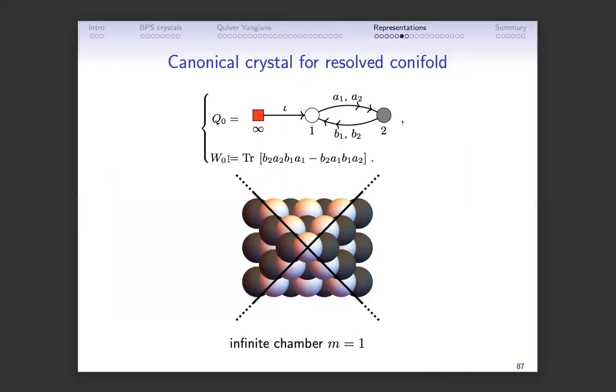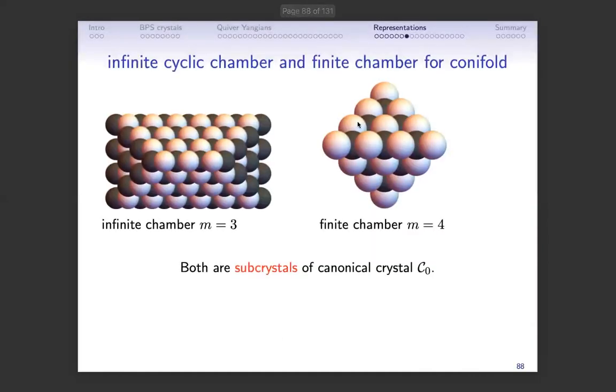This is the canonical crystal for the non-commutative DT chamber, and this is some infinite chamber, labeled by the number of white atoms on this ridge.